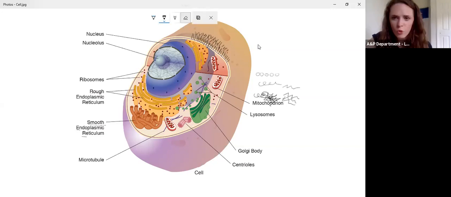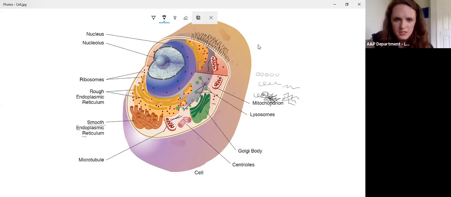Okay, hopefully you know. That folding, this process of going from a chain of amino acids into a functional protein, occurs in the ER. So ribosomes make the protein. It then goes into the rough ER where it's folded into its secondary and tertiary structures. And then it's going to get released into your Golgi body. Okay, also known as the Golgi apparatus.